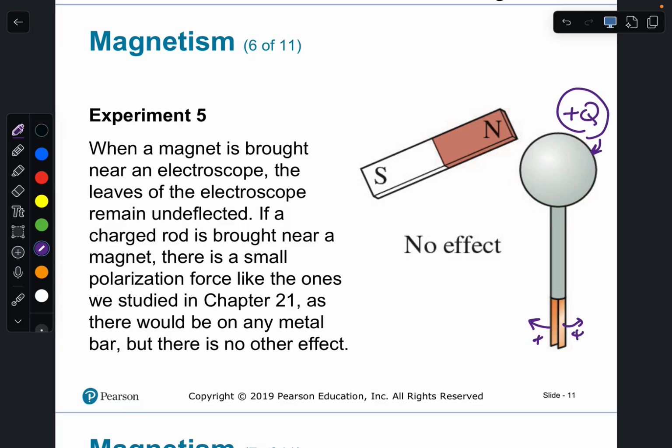So what this experiment is telling us is that a magnetic object will not induce any charge behavior at all, no polarization of the charges. The magnetism and the electric force are completely different and independent.